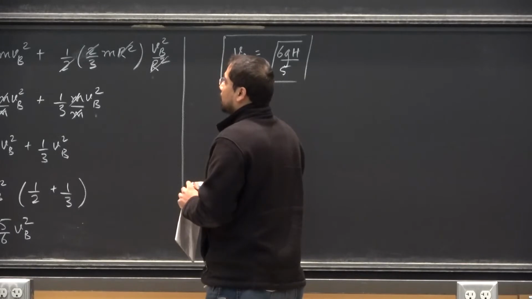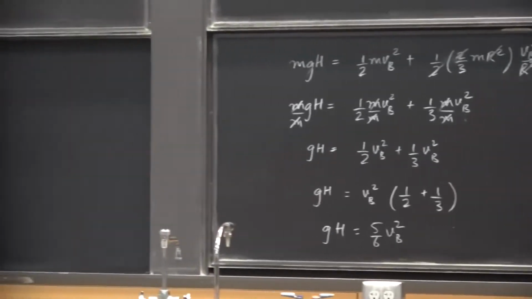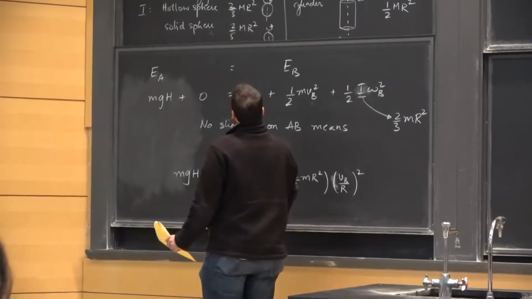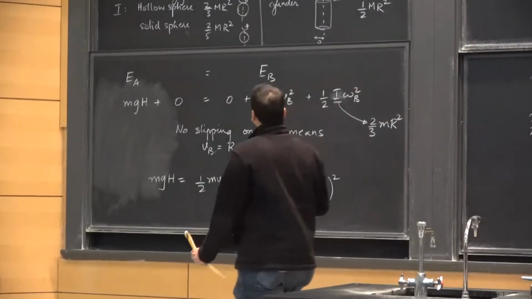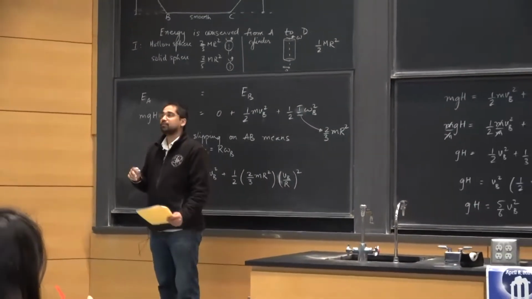All right. So now, going back to my problem, I have VB now. At B, it is doing two things. It is spinning. It is also moving forward with a linear speed.